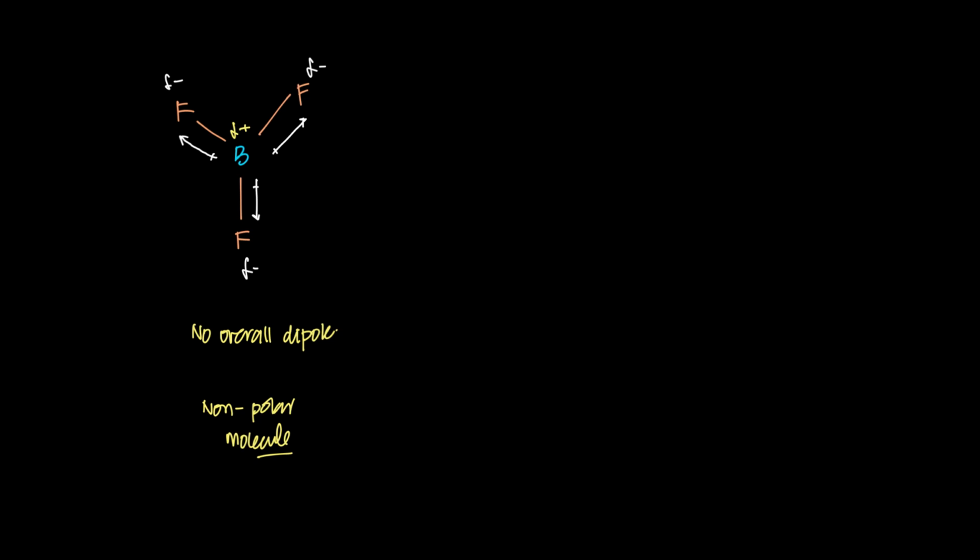Another example, and this is sometimes difficult for people to understand, is a tetrahedral molecule like C with 4 Cls, CCl4, or CH4. That's tetrahedral. Now tetrahedral, remember, is in 3 dimensions, and it is exactly symmetrical.